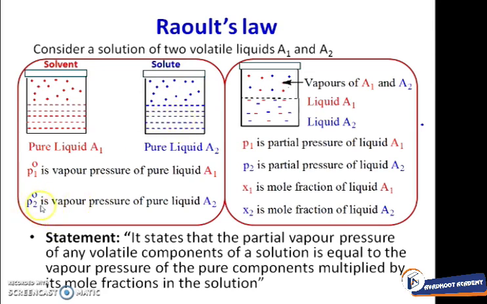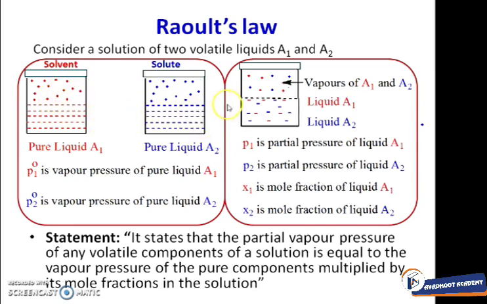So P20 is the vapor pressure of pure liquid A2. When a solution of these two liquids is prepared, suppose A2 acts as a solute and A1 acts as a solvent, because A2 is mixed to a smaller extent, and in the solution A1 is present to a larger extent.